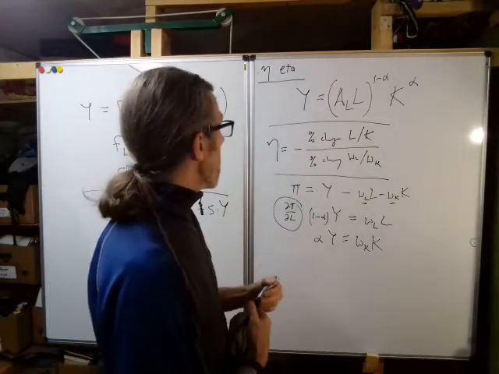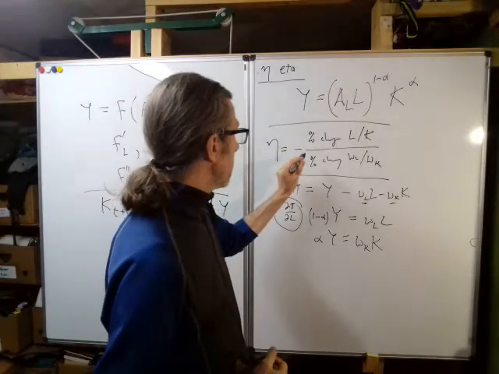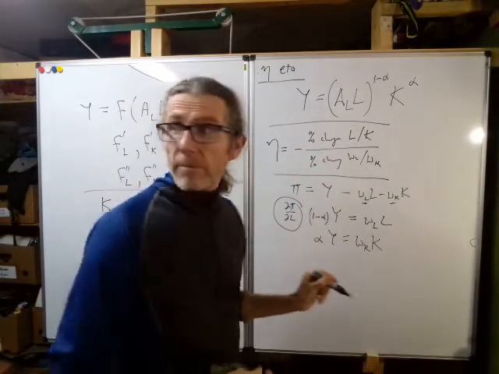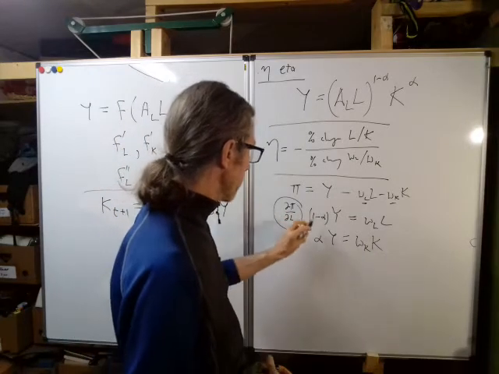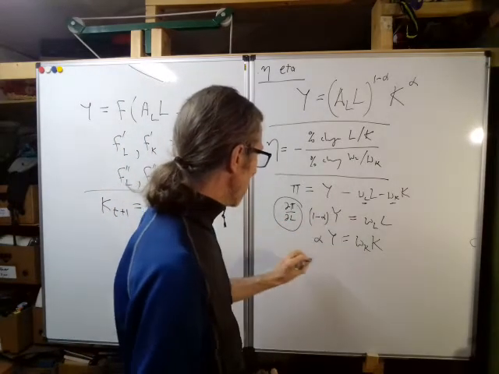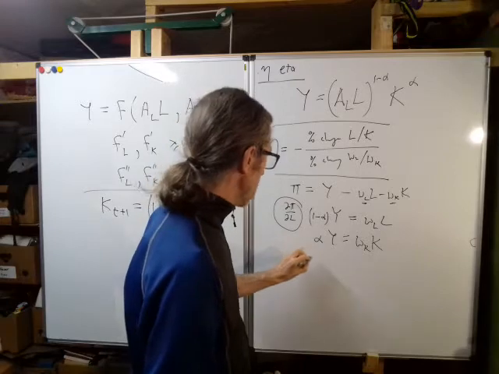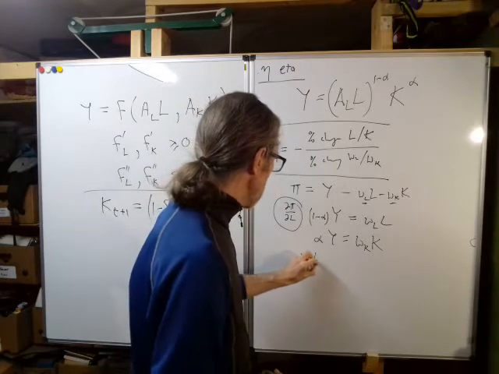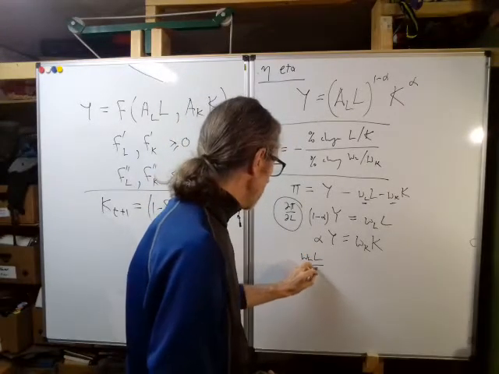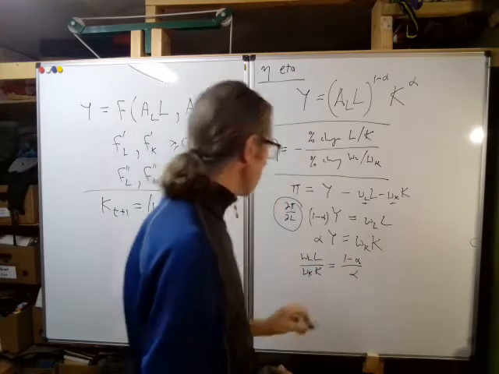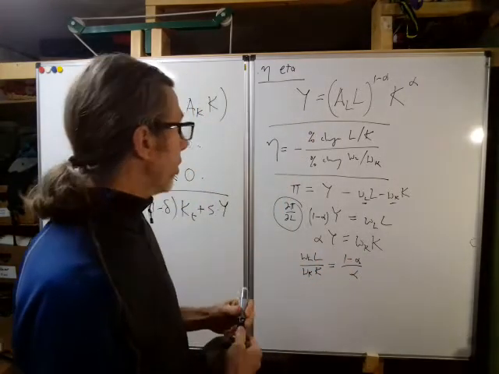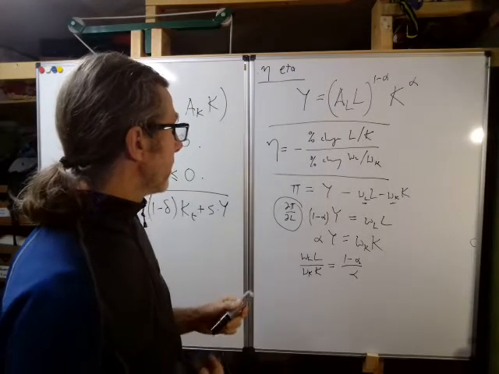So then we've got that if we divide one by the other, we get that WLL over WKK is 1 minus alpha over alpha.